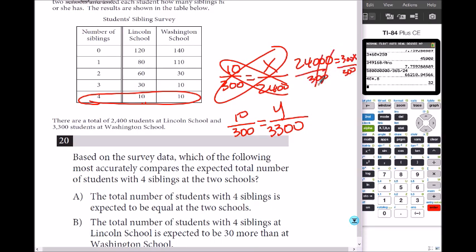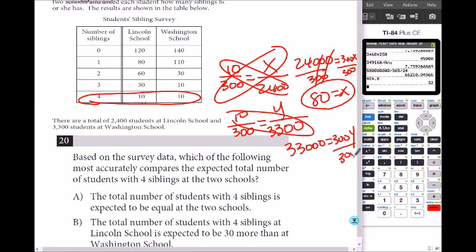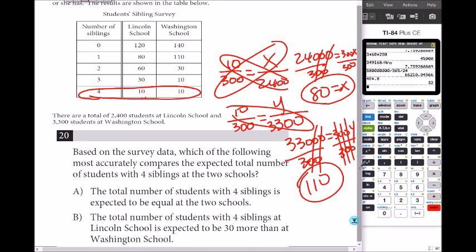So you get 80. What about here? Cross multiply: 3,300 and another 0 equals 300Y, so divide by 300. So 330 divided by 3 is 110. So there was a 30 difference. So what are the choices? The total number of students with 4 siblings is expected to be equal.